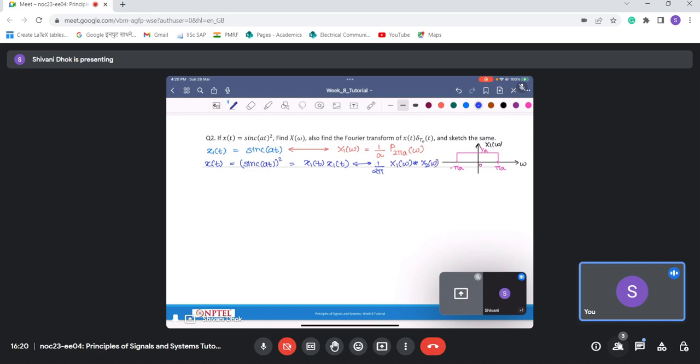Normal convolution, linear convolution, not periodic convolution. It is simple linear convolution, and this comes out from the multiplication in time property.